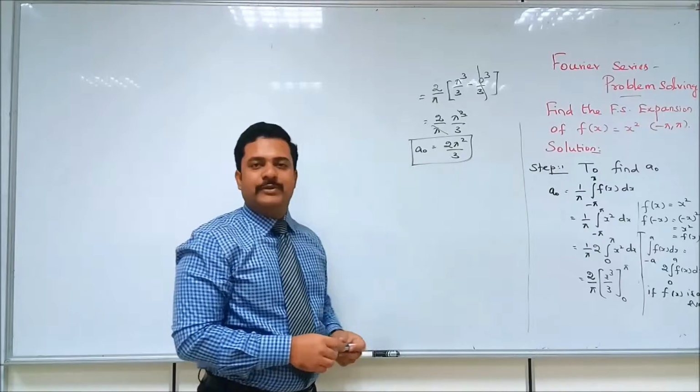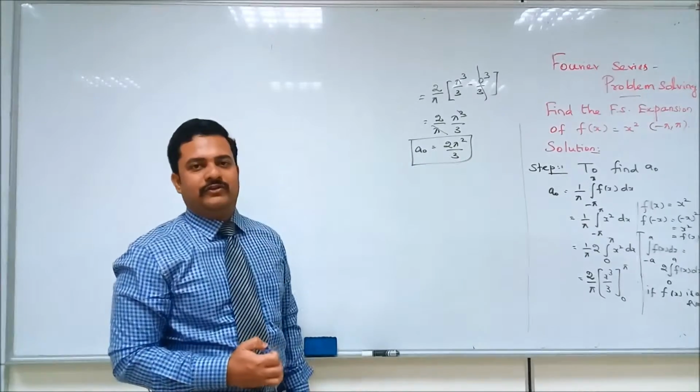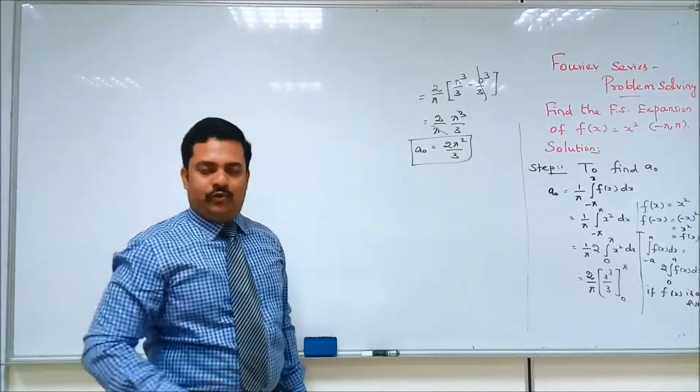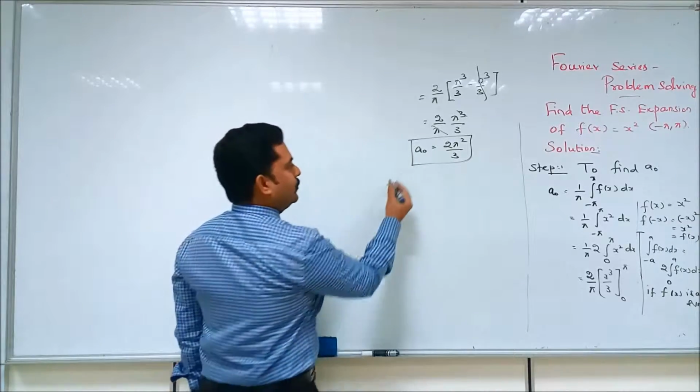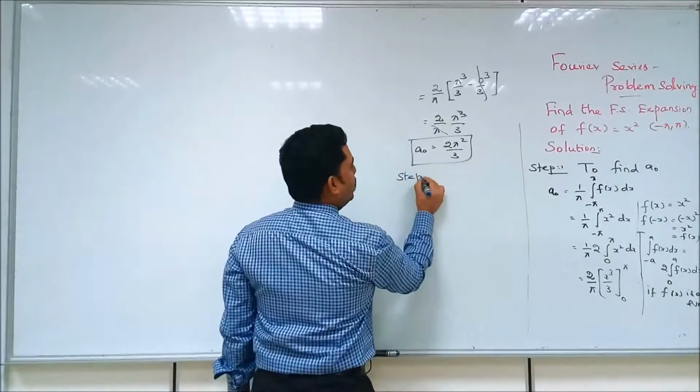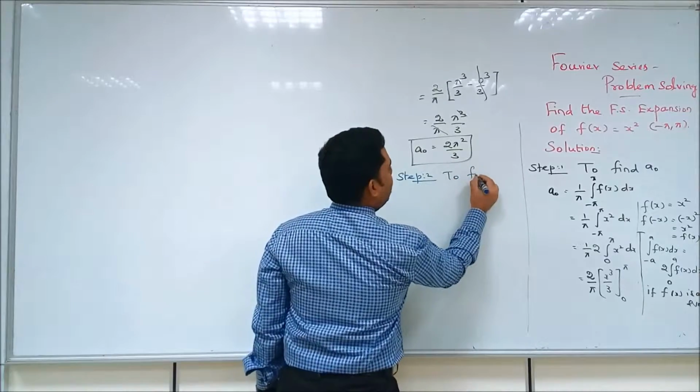Now the first task, finding a naught, has been completed. The next one is to find an. So step 2 is to find an.